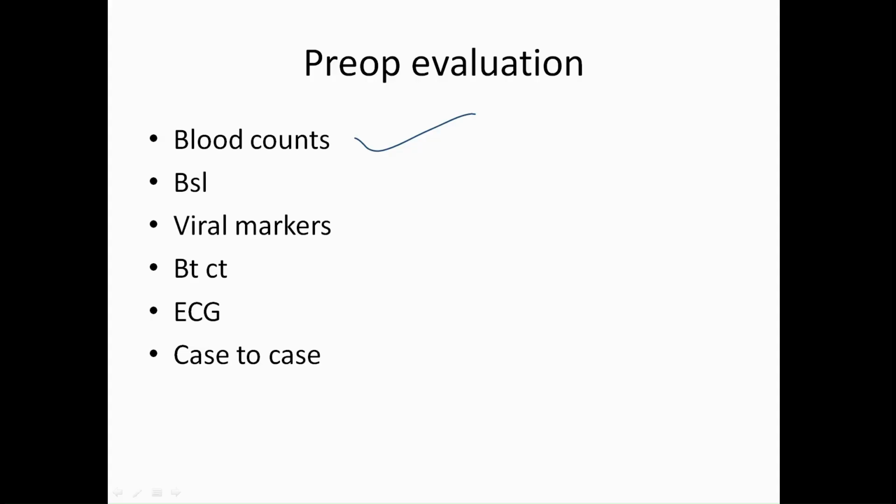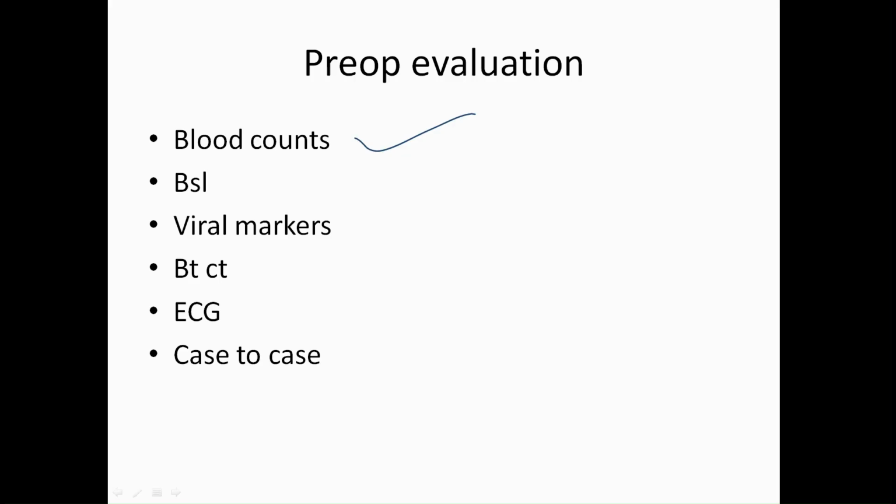We want the patient's systemic condition to be well under control before we go in for surgery. Then you have the viral markers, which take care of whether the patient is suffering from HIV, HBsAg, VDRL, or any other HCV infections, etc. VDRL can also be done. You have the bleeding time and the clotting time, or PT-INR, to know the coagulation status.